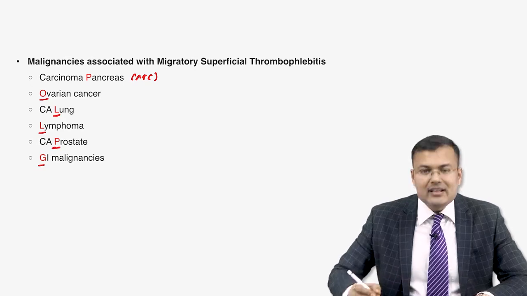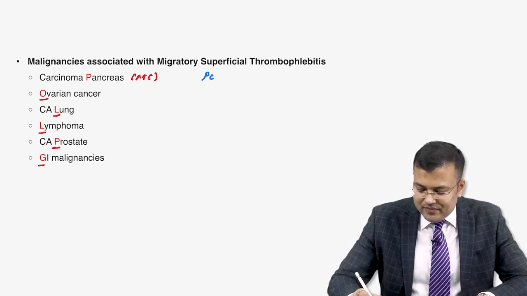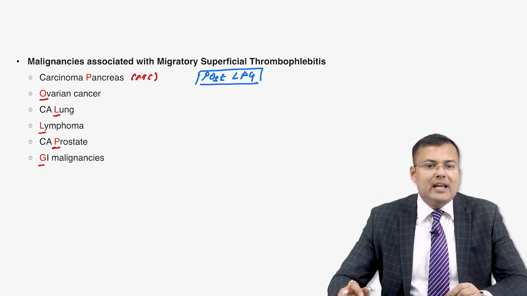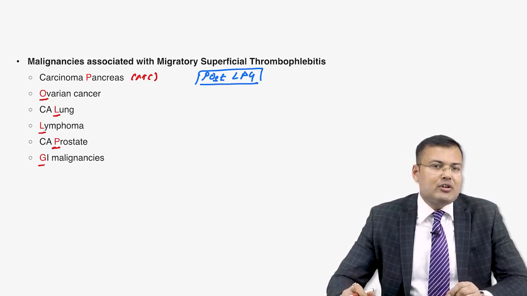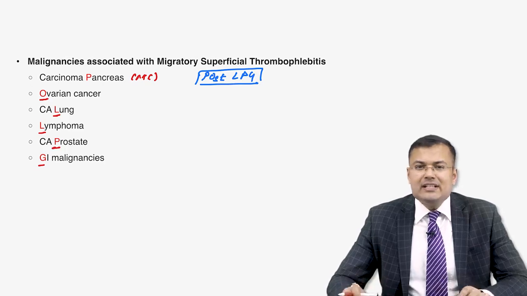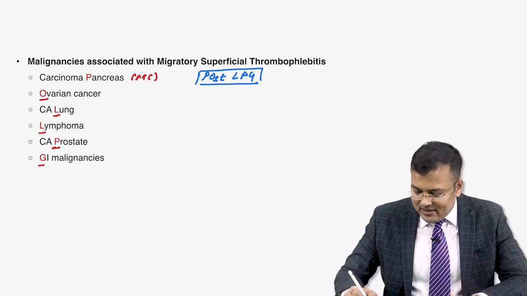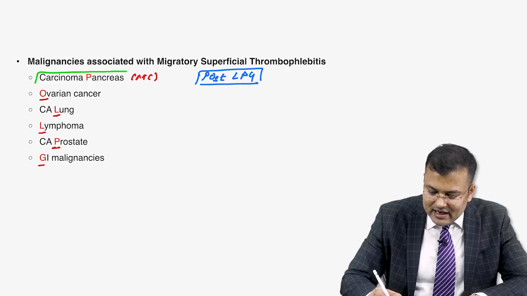So how to remember, guys? Mnemonic is POST LPG. P means pancreas, O means ovary, L means lungs, lymphoma, P means prostate, G means GI malignancies. The most common malignancy is carcinoma pancreas.